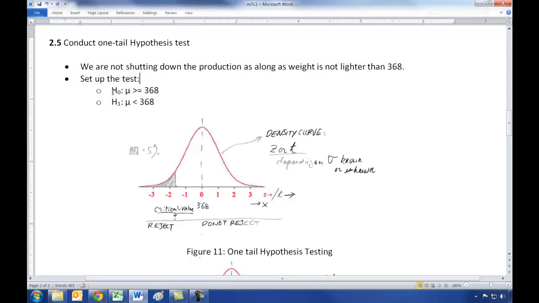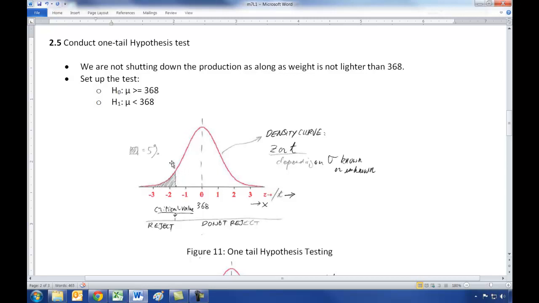So the null hypothesis becomes mu greater than or equal to 368. And the alternative hypothesis, H1, becomes mu less than 368 grams. So under this new setup, the unlikely extreme observations become those that are located only at the left tail of the distribution.